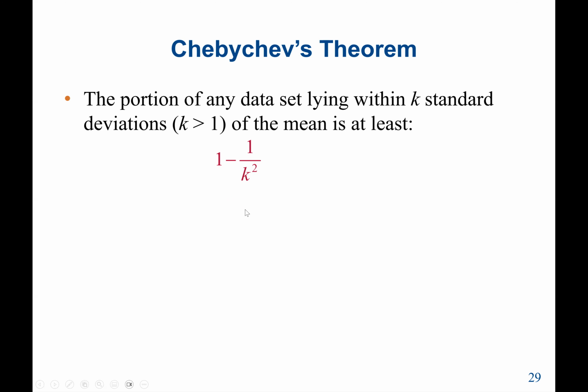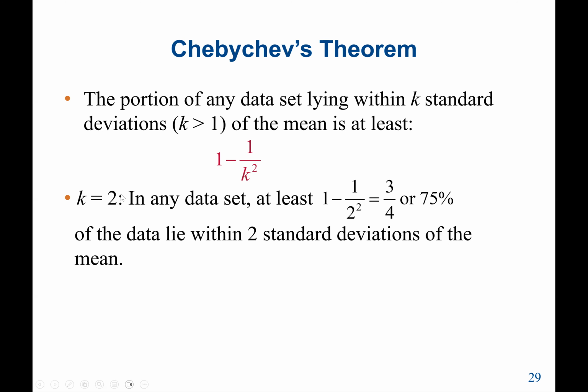Again, this is a formula. So for example, if K equals 2, then in any data set, at least 1 minus 1 over 2 squared, which gives us 3/4 or 75%, lies within 2 standard deviations.